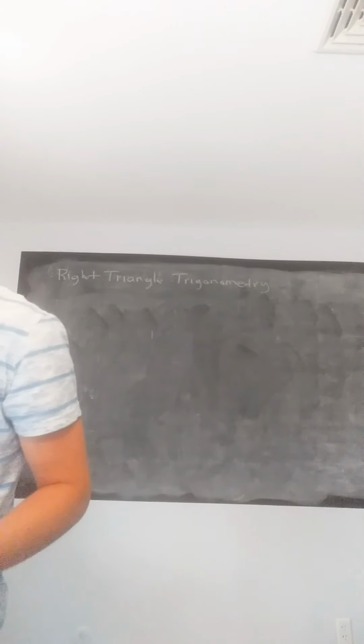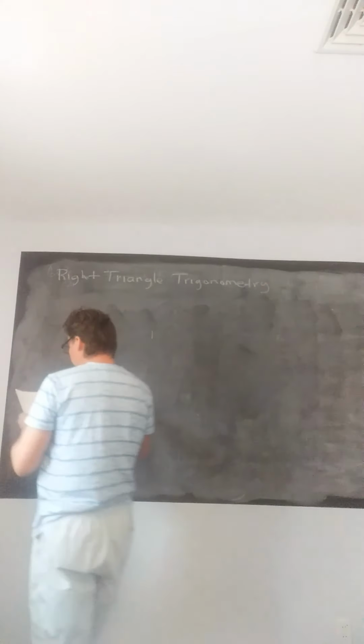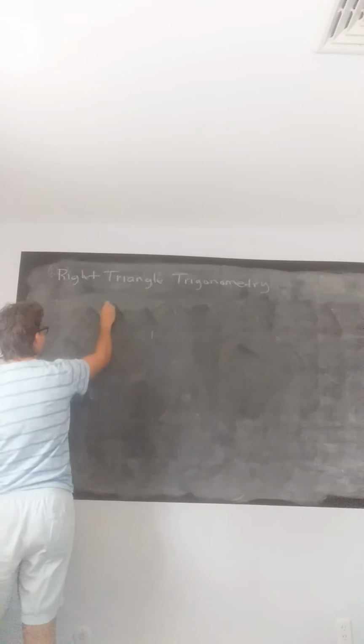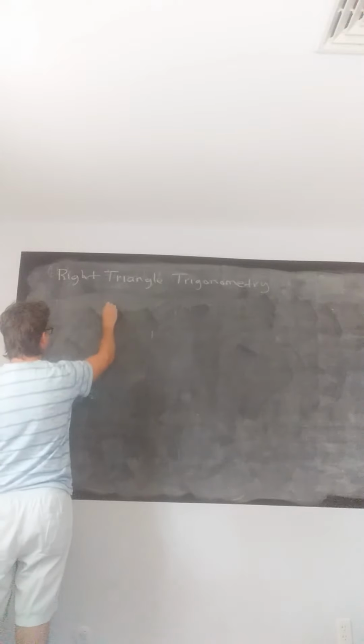I also want to talk a little bit about identities as well. At the end of this video, we'll talk about a very useful identity we have for helping us find these ratios. But here's an example, and this is an easy one to start off with.